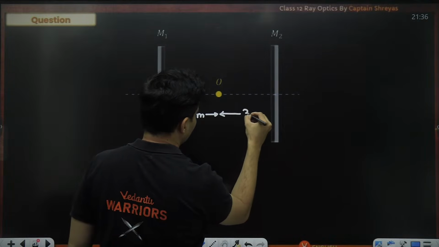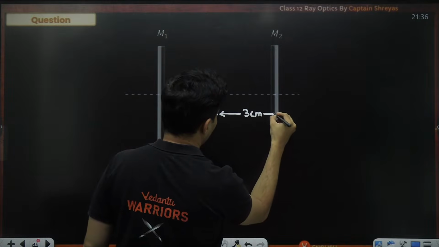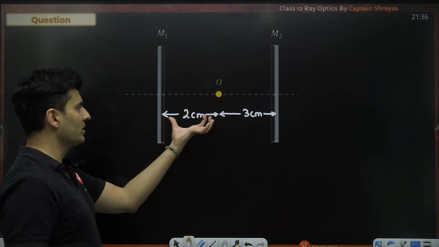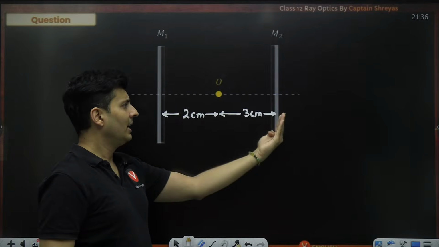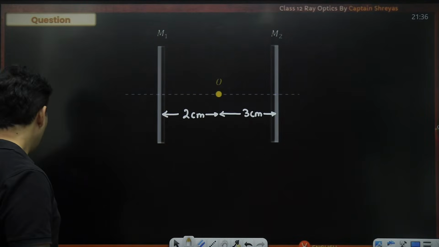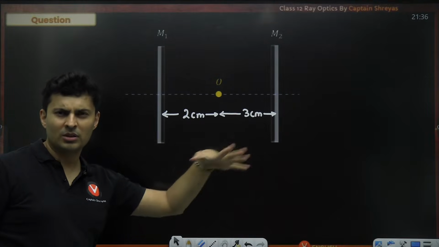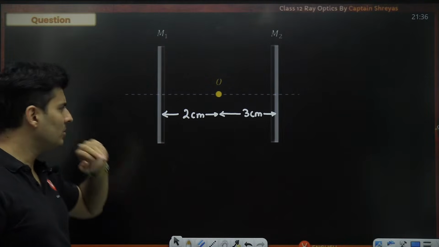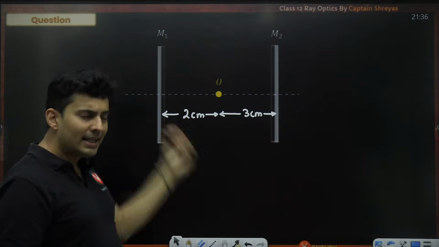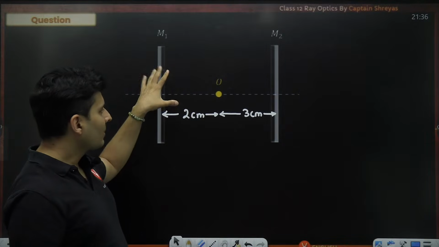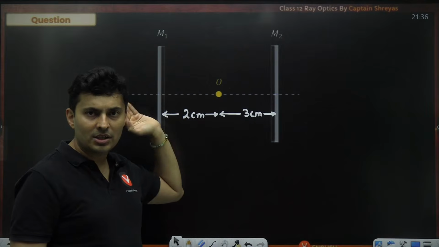And let's say this is 3 centimeters. Random example I have taken. This is 2 centimeters in front of M1 and 3 centimeters in front of M2. I want to locate all the kinds of images which will be formed. The next 2-3 images on this side also, and this side also. First, let's make the image because of M1 and then the successive reflections.